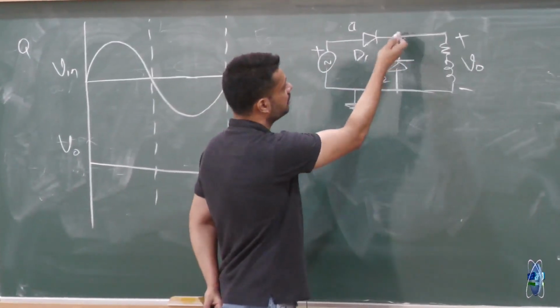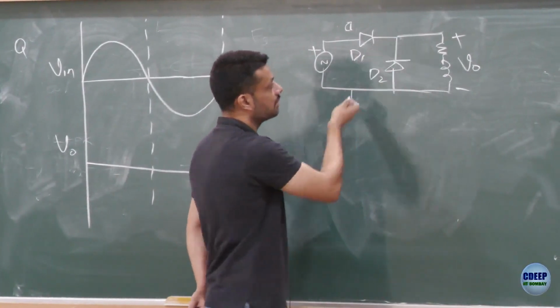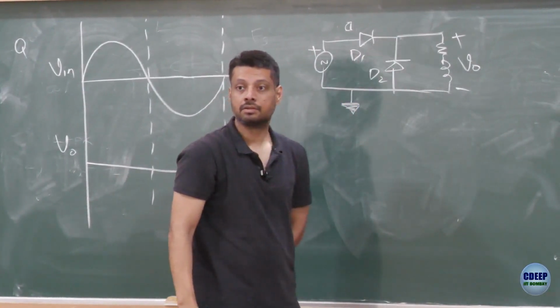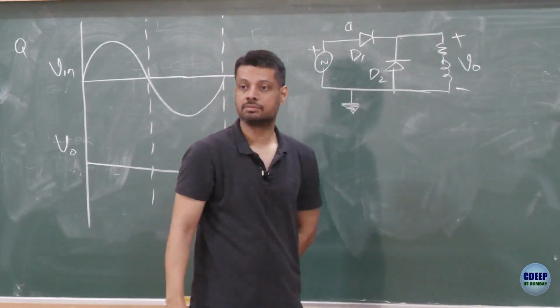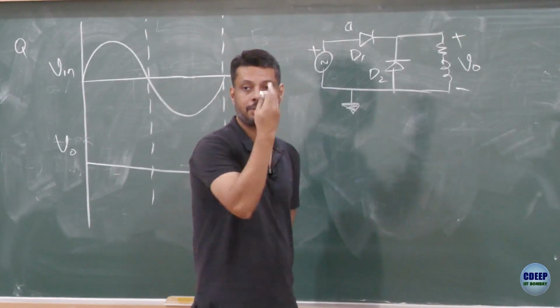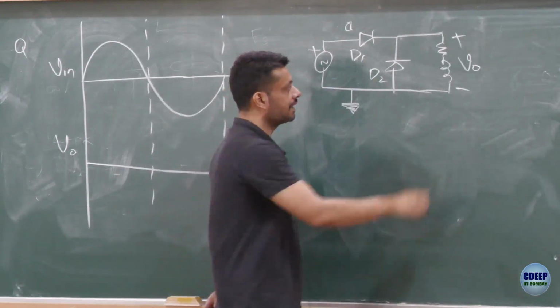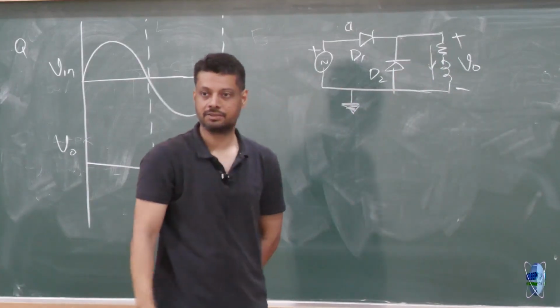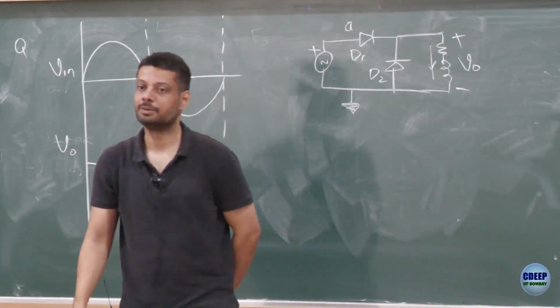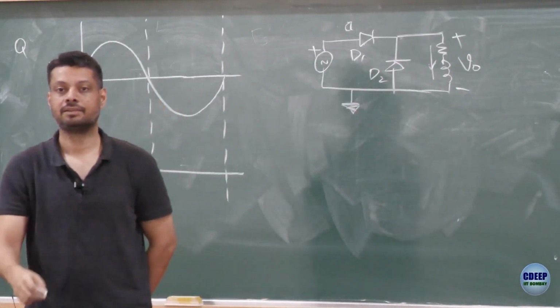Cathode is not grounded, cathode is here, ground is here. Current may flow through some other path, no? There are other paths also. This current can flow through another path. Inductor current is continuous, it can flow through some other path, no? Next person.